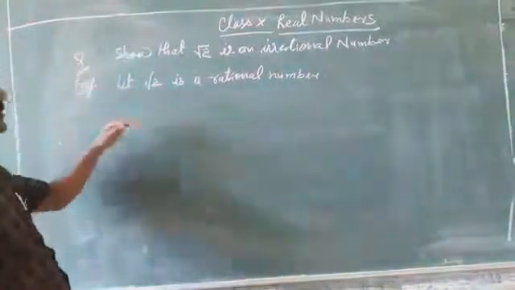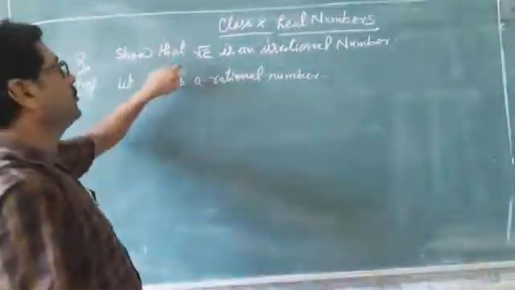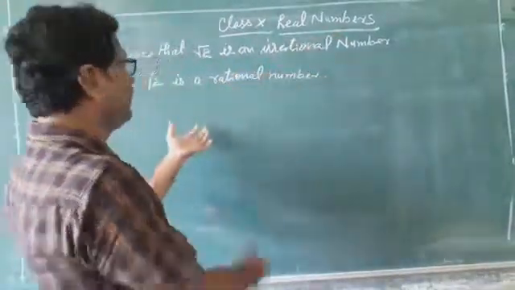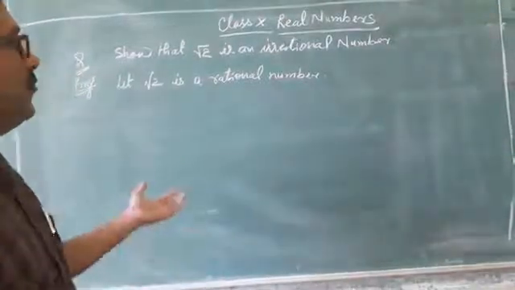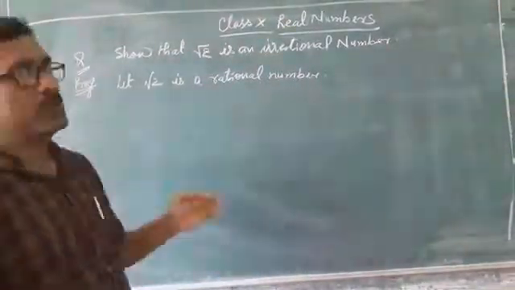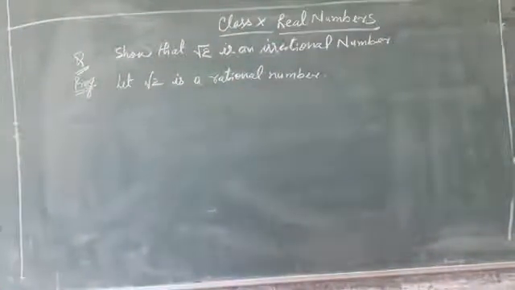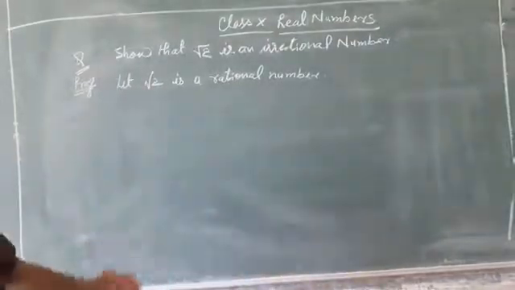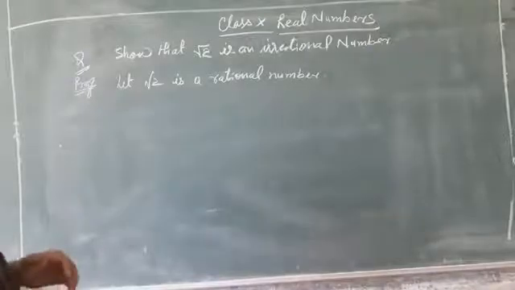We assume that root 2 is a rational number, but we have to show that it is irrational. By the contradiction method, our assumption will fail, so it will not be a rational number, so it will be an irrational number.